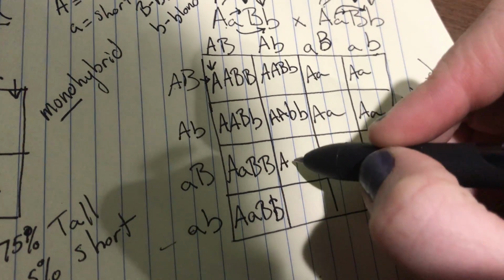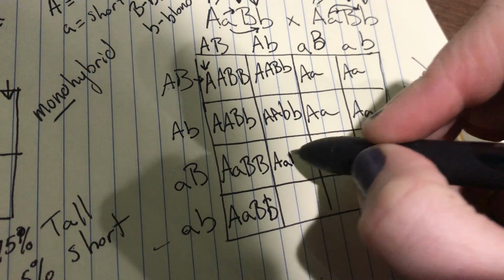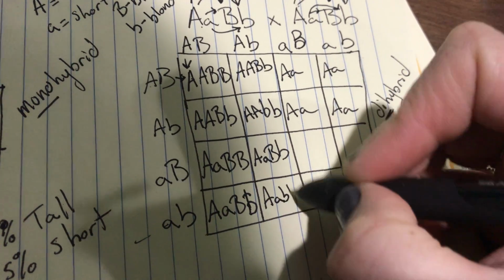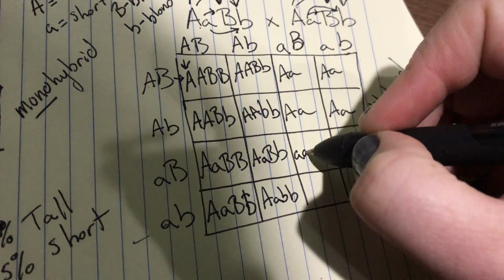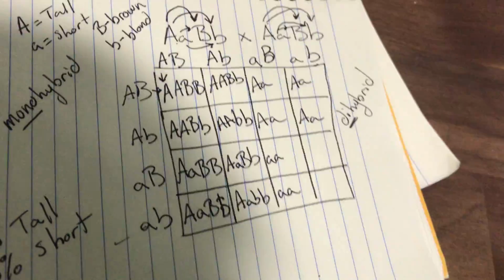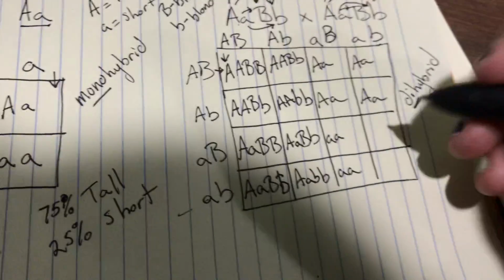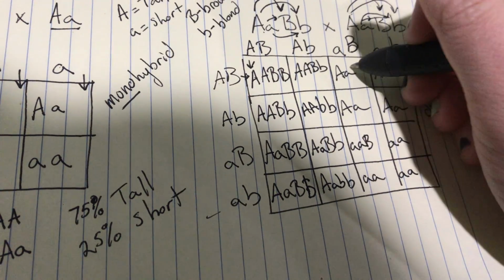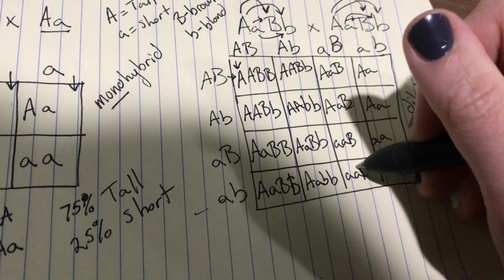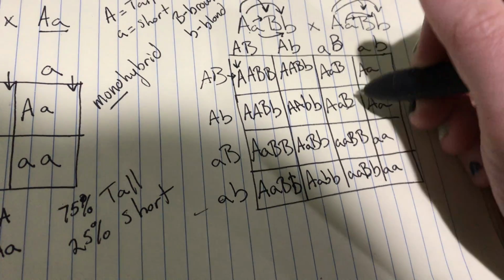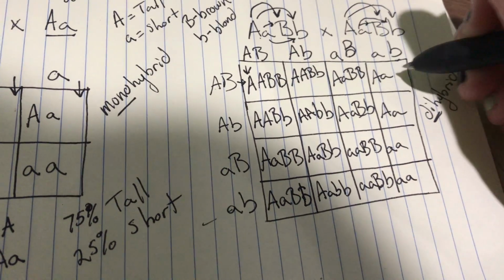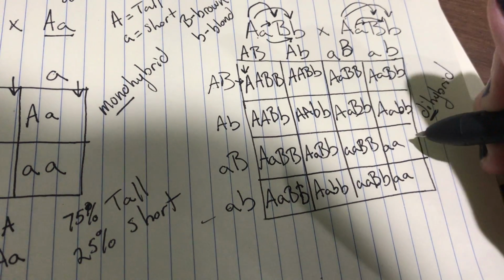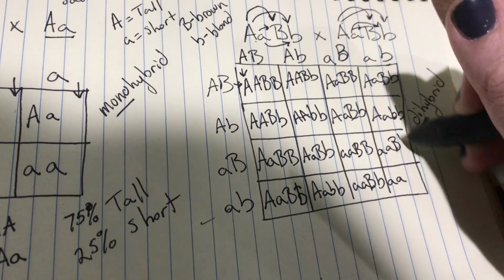So I've got my capital A first, then my lowercase a from there, capital B from there, lowercase b from here. Just drop my capital A's.